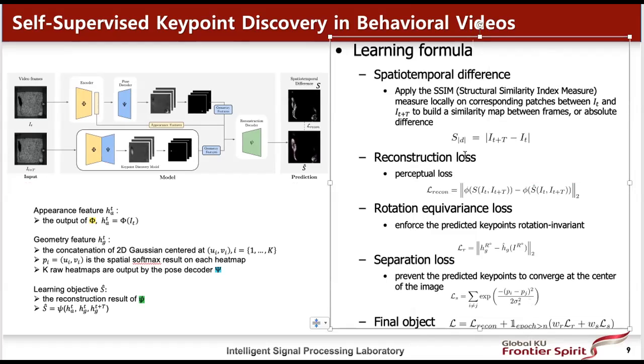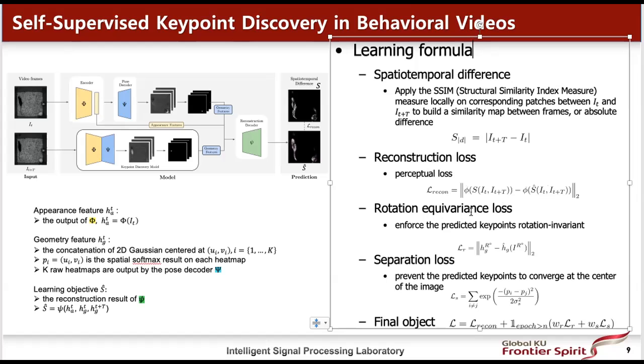The reconstruction loss is a perceptual loss, where phi represents the VGG network, S is the difference between the reference frame and the future frame, and S hat represents the reconstructed difference.